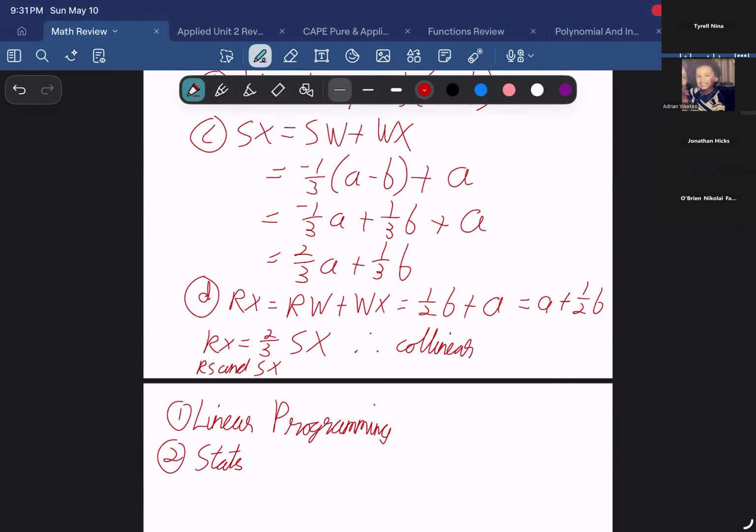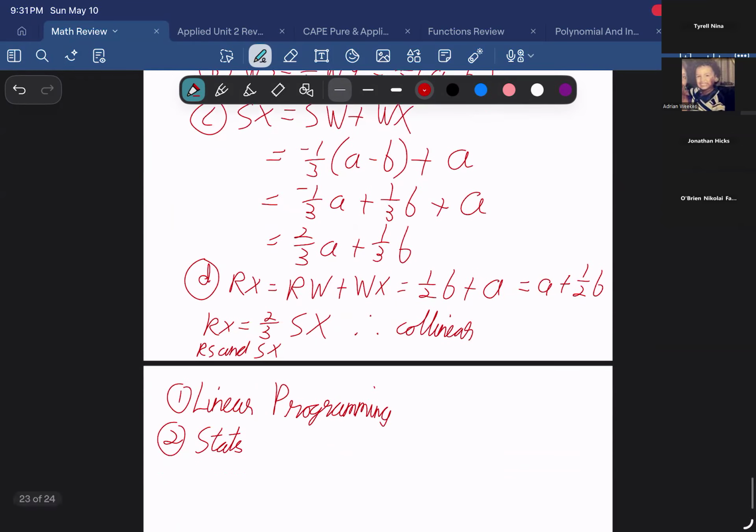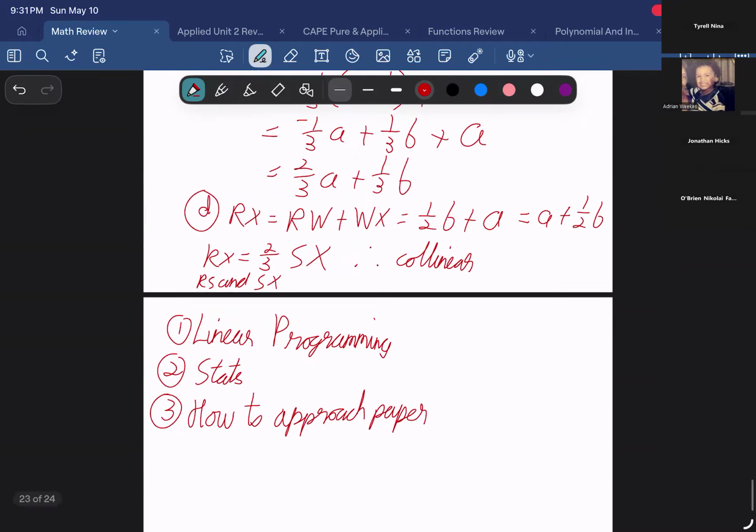Read it, I'll show you what that is just now. Stats 3, how to approach problems. And maps.